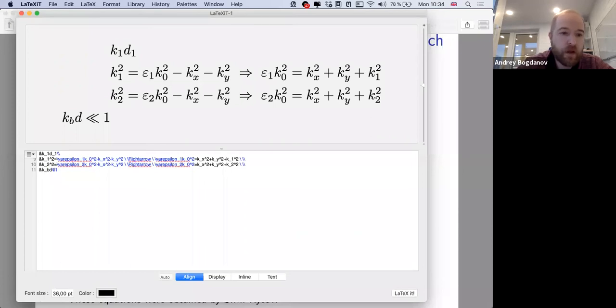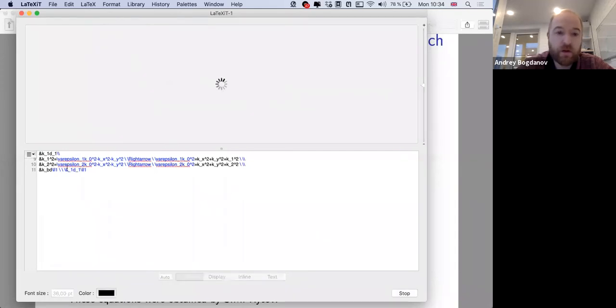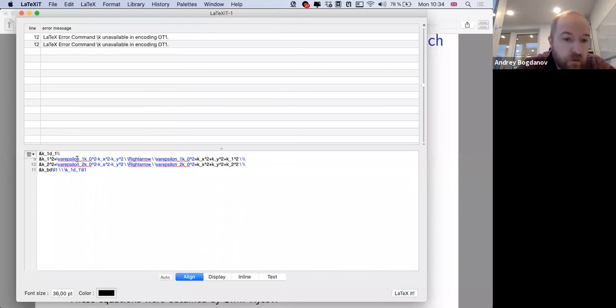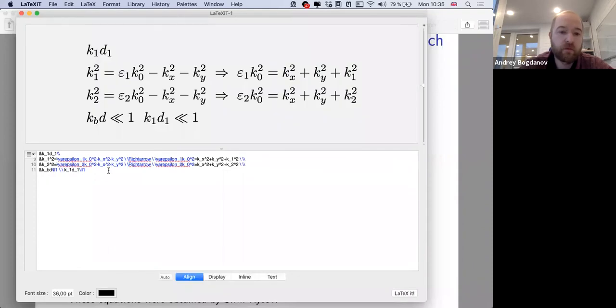At the same time, k1 d1 is also much less than 1, and k2 d2 as well.